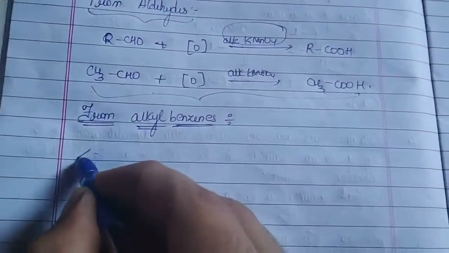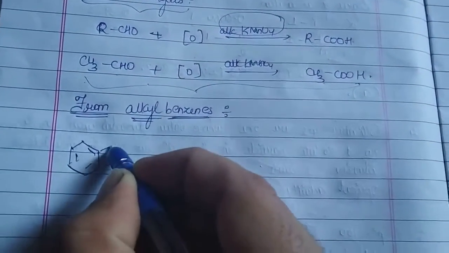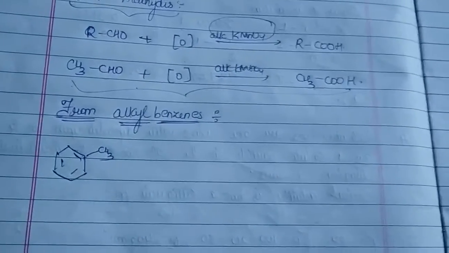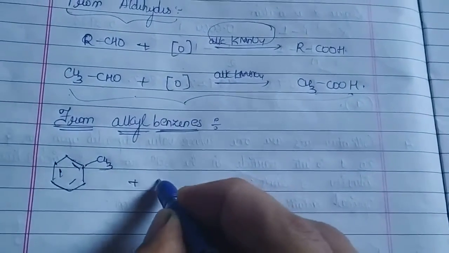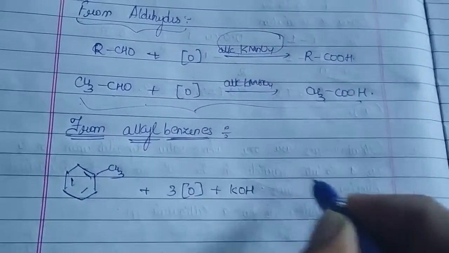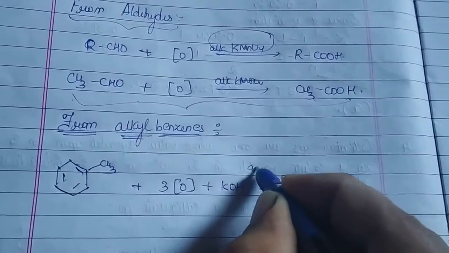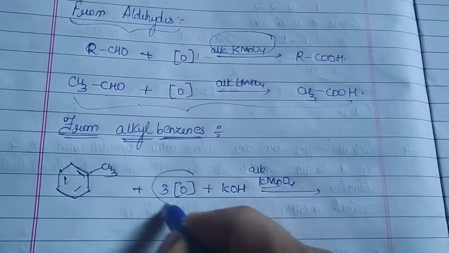First I will write my general reaction. So this is my alkyl benzene, CH3. When I treat this, first of all it gets oxidized in the presence of KOH. Remember guys, the alkaline KMnO4 we are using gives this oxygen.